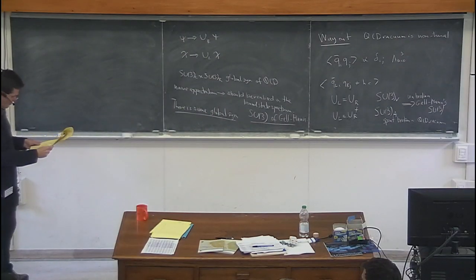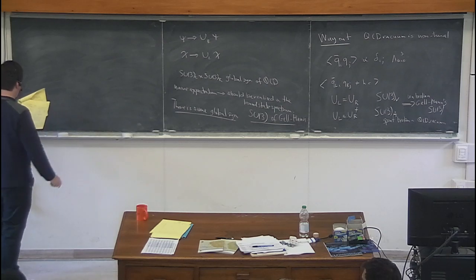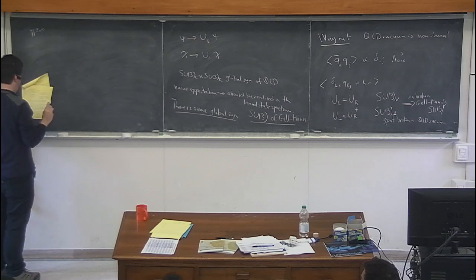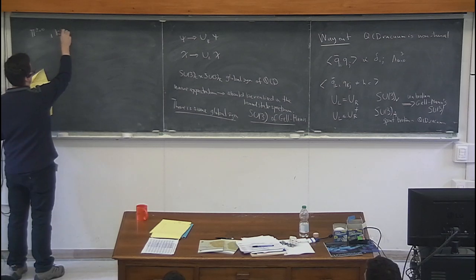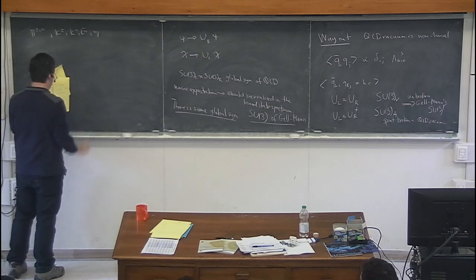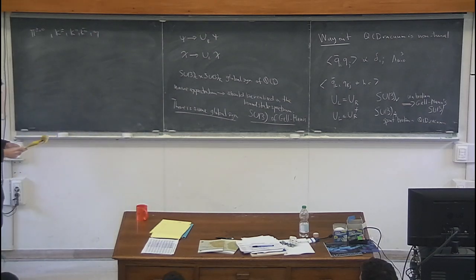So 8 Goldstone bosons. Those are the pions, and then the kaons, K plus, K minus, K0, K0 bar, and the eta.